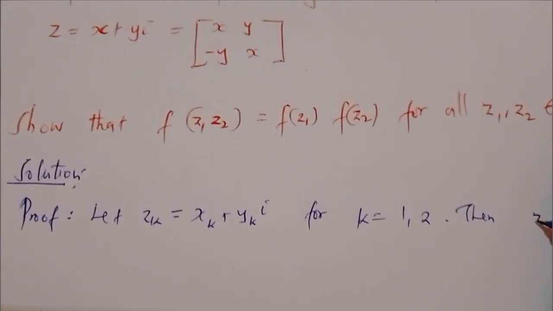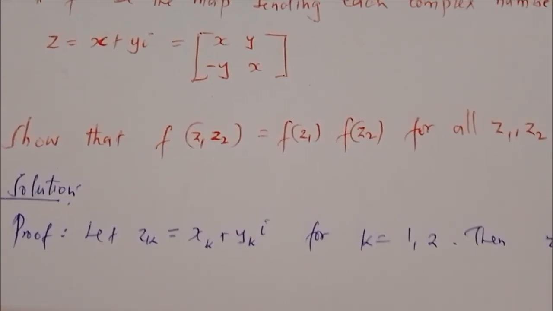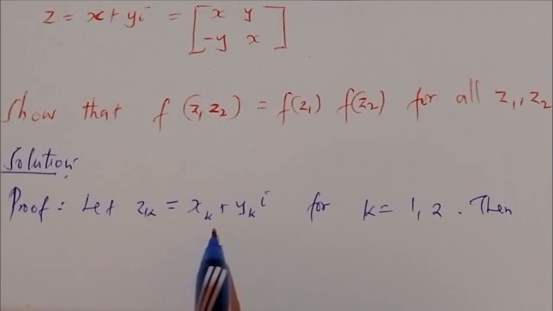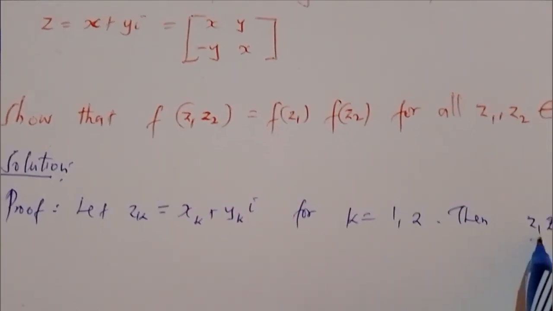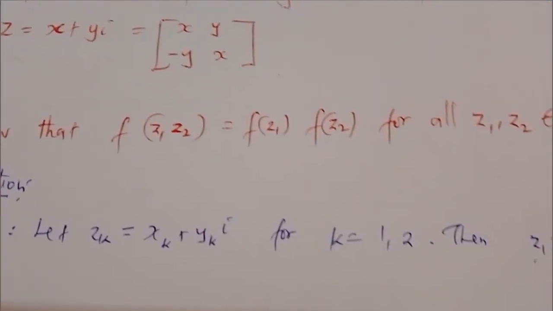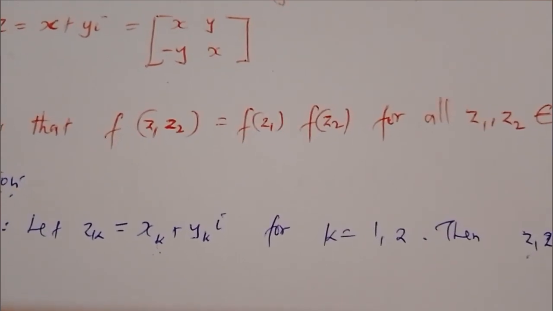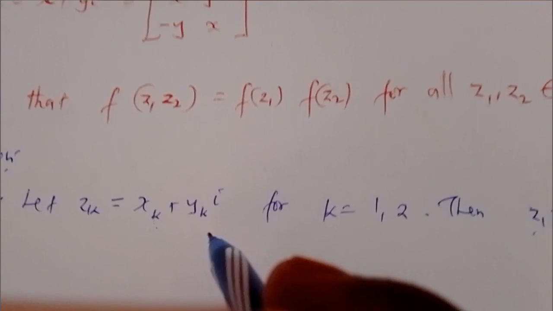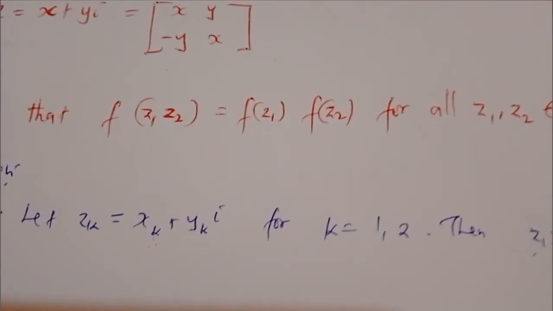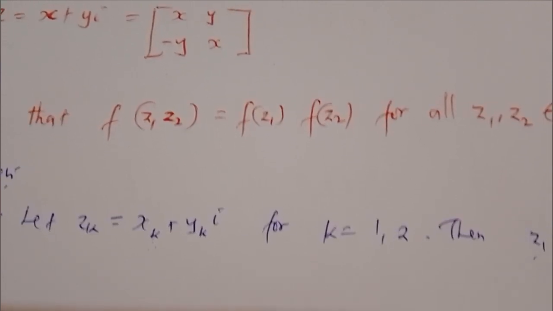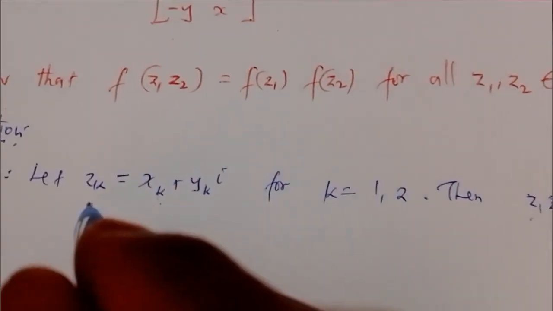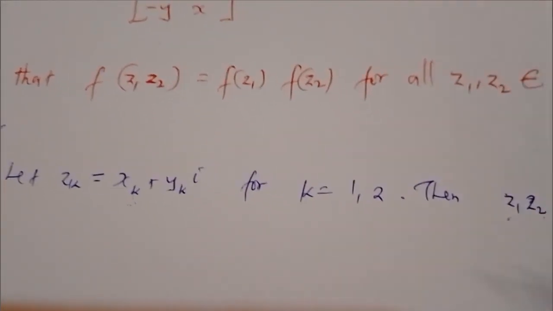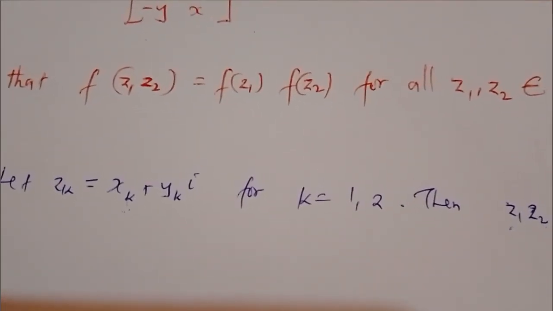Then z1 z2: if zk is equal to xk plus yk i, z1 will be x1 plus y1 i, and z2, where we have k, we put 2, so z2 will be x2 plus y2 i.